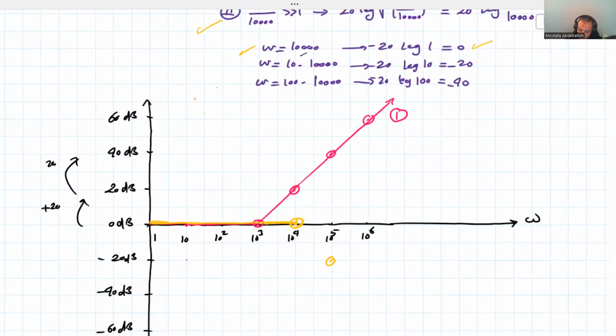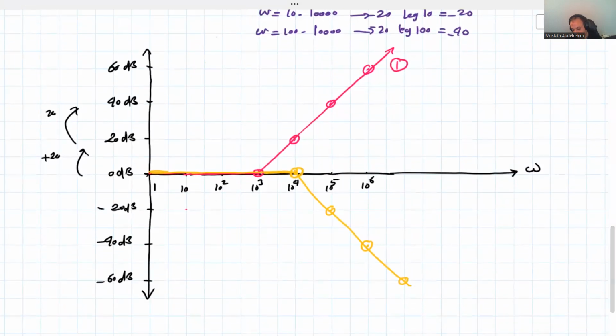Then at 1 million, you have minus 40. And you connect these points together. And if you continue, you're going to have, for example, at 10 to the power of 7, minus 60, and so on.